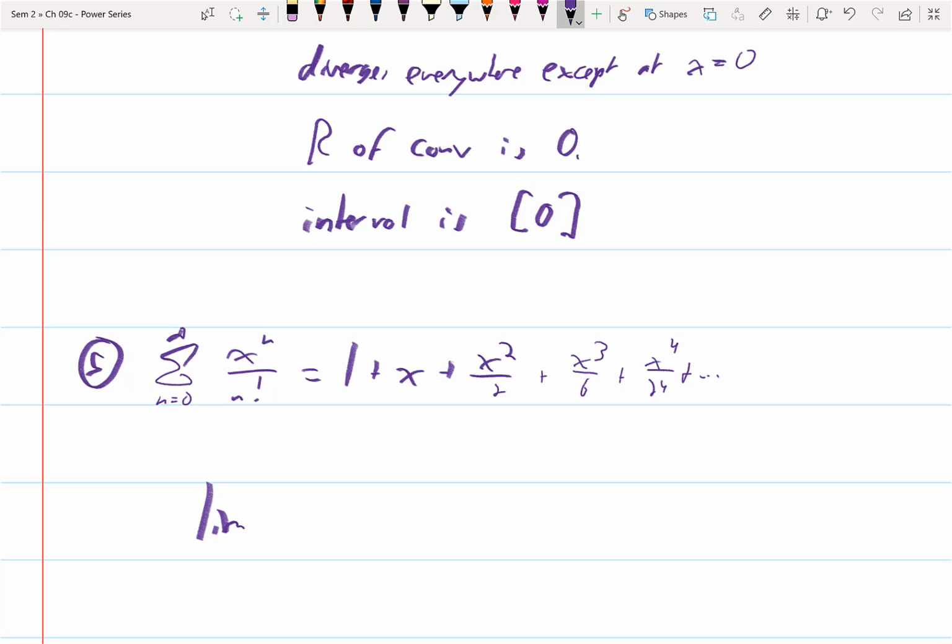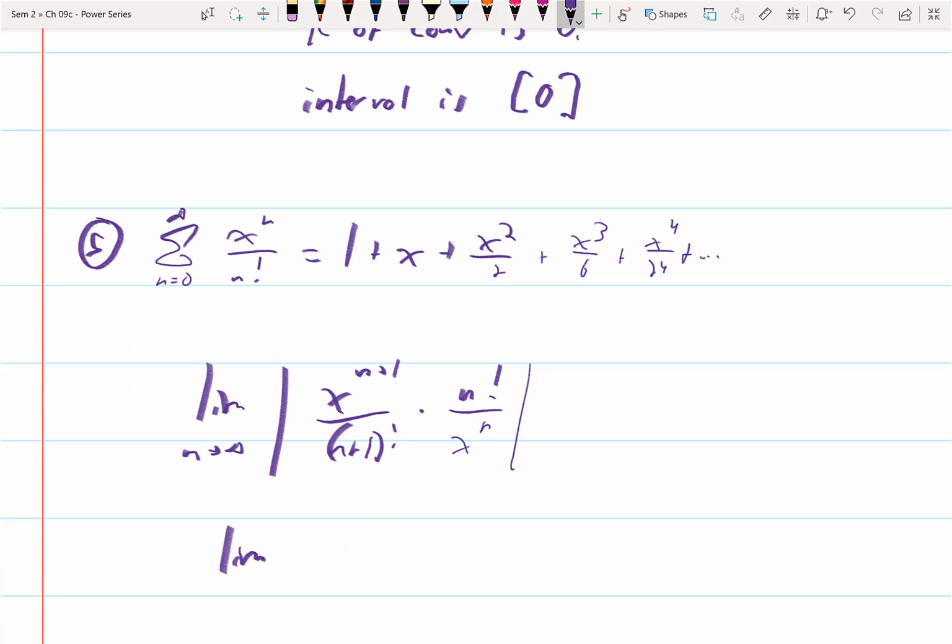So we're going to do the limit as n approaches infinity of the absolute value of x to the n plus 1 over (n plus 1) factorial. I'm going to multiply that by the reciprocal of the other, n factorial over x to the n, in absolute value. I get the limit as n approaches infinity of x to the n plus 1... so this is just x over n plus 1, my bad.